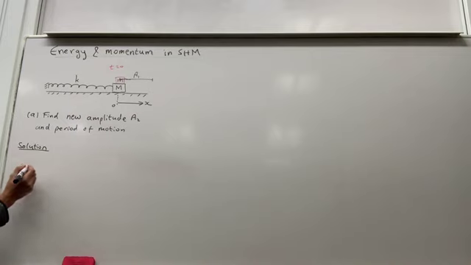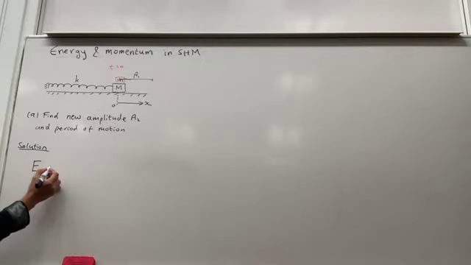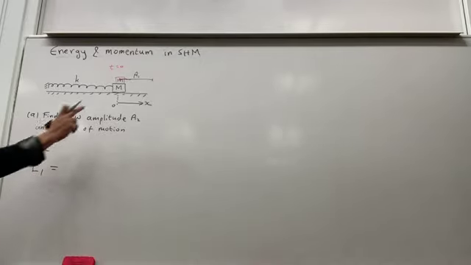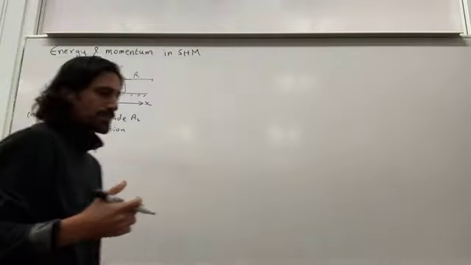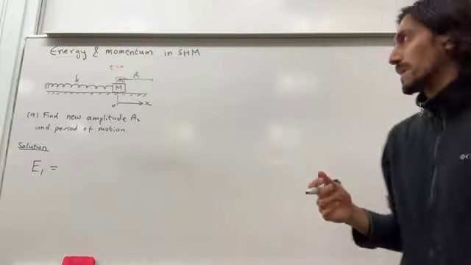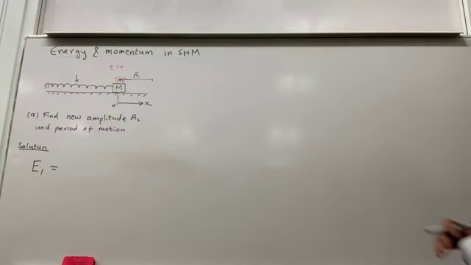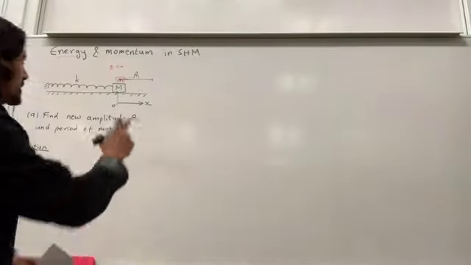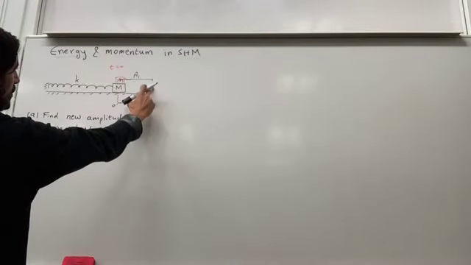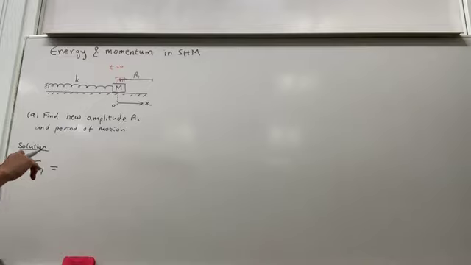So we start with the energy before the collision. I denote this by 1. As I said, before the collision we had only that mass and the spring was relaxed. So the only energy in the system is the kinetic energy, which has to be equal to the spring energy when it's at point A1 here, right?